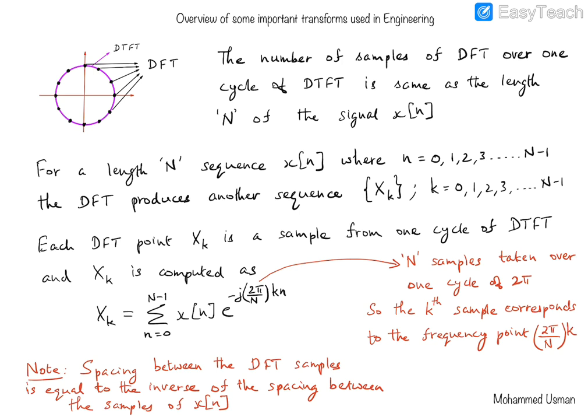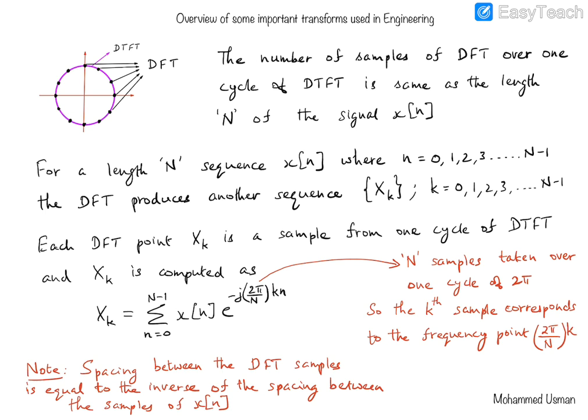So for example, if we have a sequence x of n of length N, then the DFT operation will produce another sequence of the same length N. So we have the indices going from 0 to N minus 1, which gives us N samples, and the corresponding DFT points will also have N points. So the same number of N samples are taken on the DTFT to get the N DFT points.